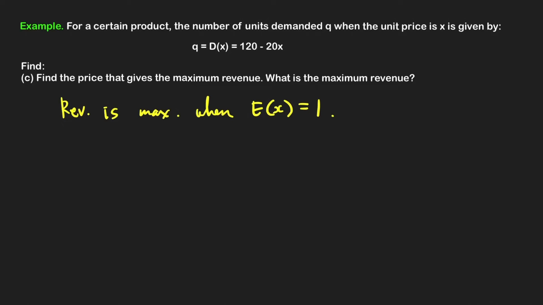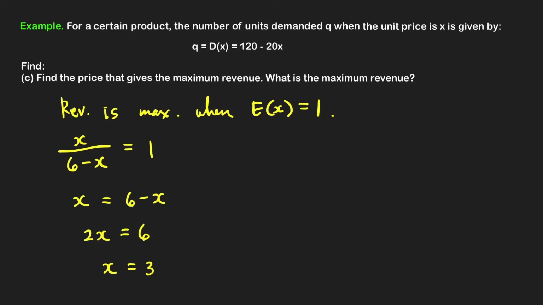We have computed already our elasticity function, X over 6 minus X, so this must be equal to 1. To solve this, we just have to cross multiply. We have X equal to 6 minus X, which is the same thing as multiplying both sides by 6 minus X. We get 2X equals 6, and we get X equal to 3.